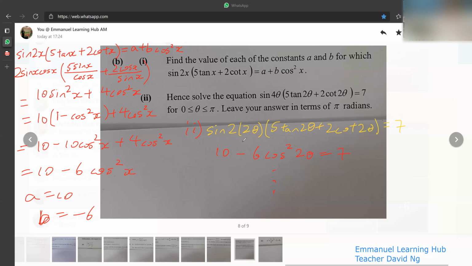The main thing you need to know is 2 theta is your x. That's why I must write out in this form now. Then you can see sine 2x (5 tangent x plus 2 cotangent x). Your 2 theta is your x. Then you can use this formula straight away, plug it in, just change your x to 2 theta.